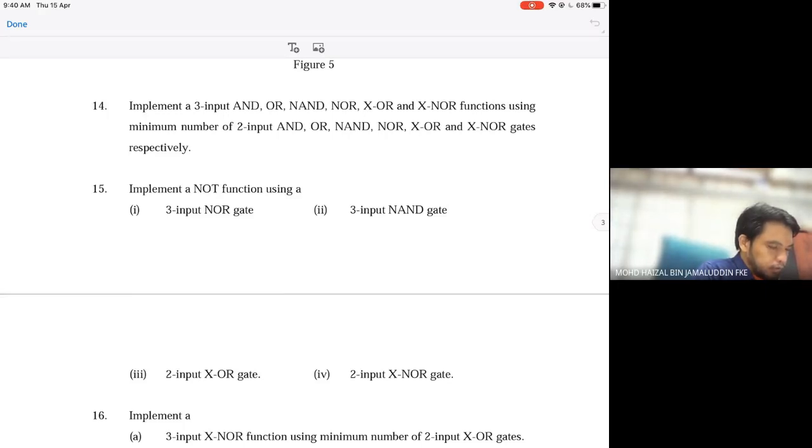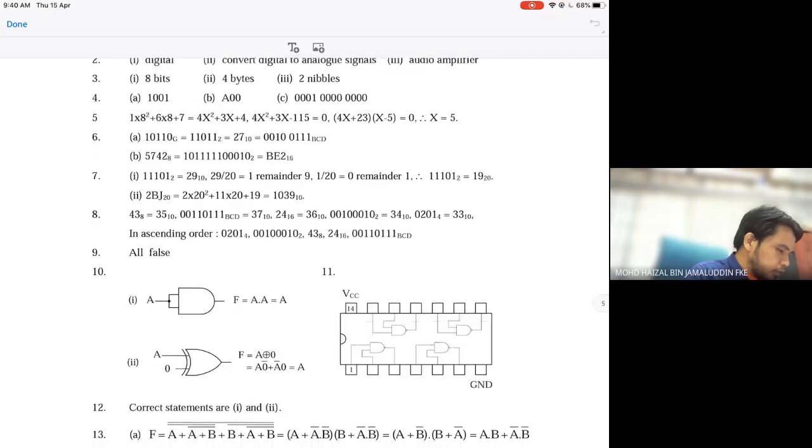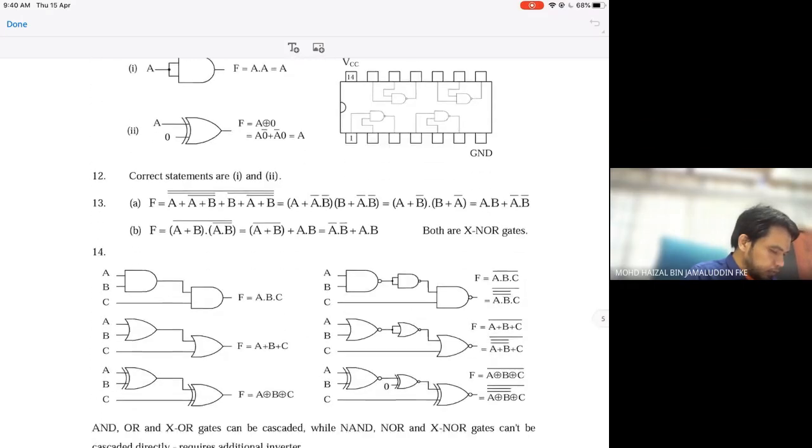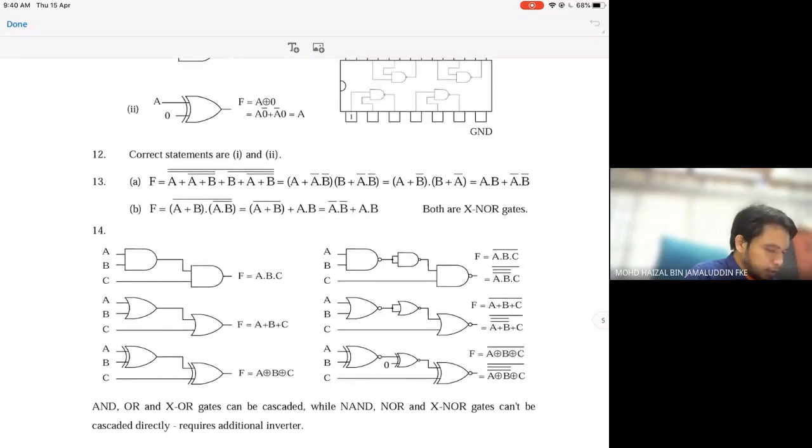So I think this one, maybe just 2 input AND. The answer is there below, so you can take it as a reference.